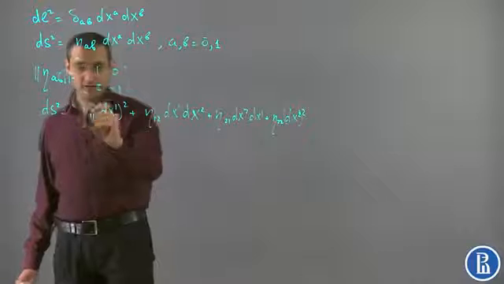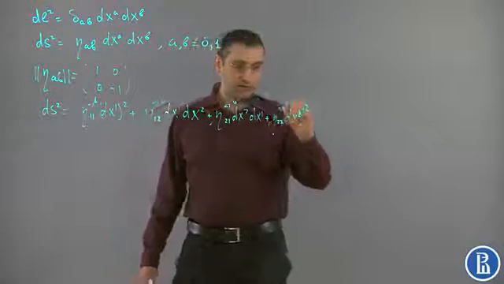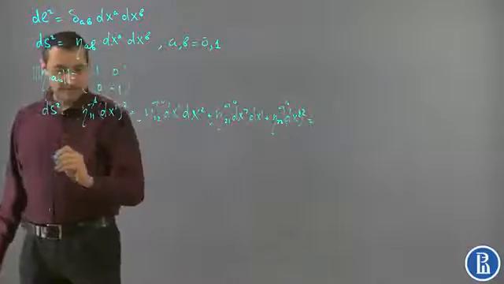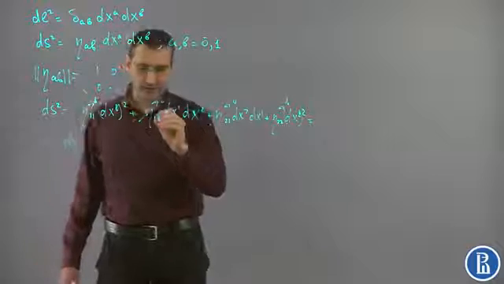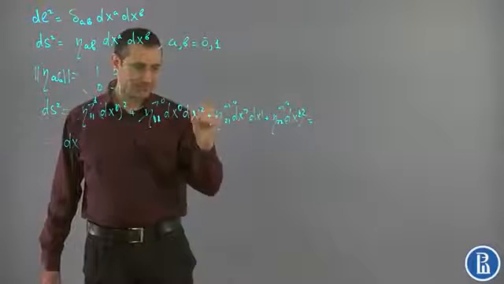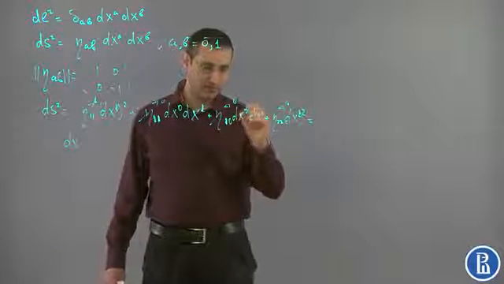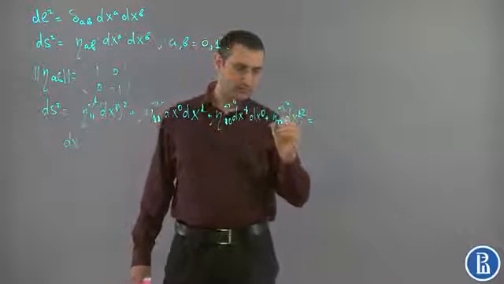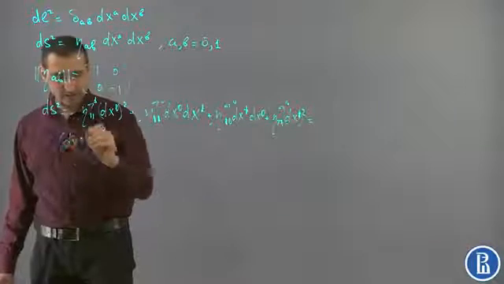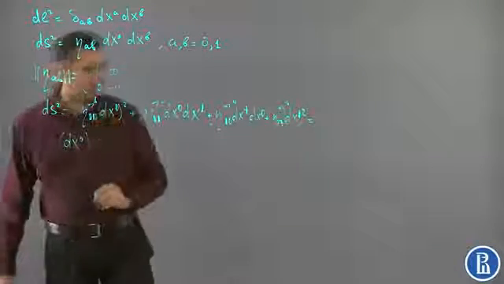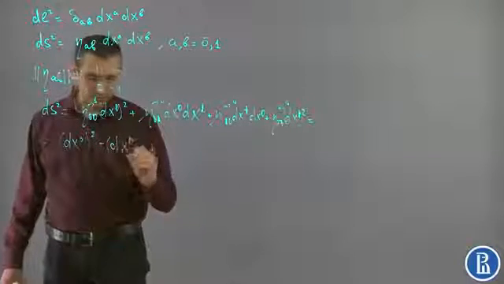So taking into account that these entries are 1, 0, 0, and minus 1, sorry, I promised to use indices 0 and 1, we obtain that this is dx0 squared minus dx1 squared.